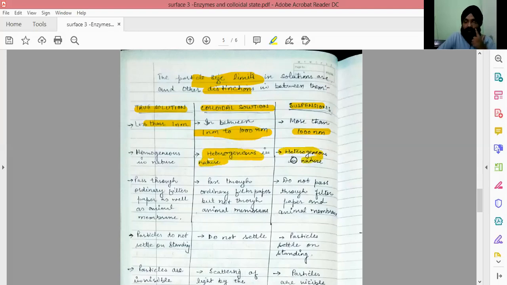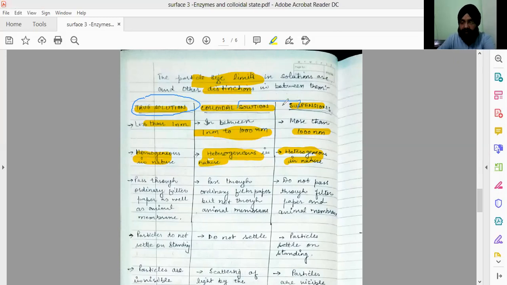Now, simple examples of these three: for true solution, you can take sugar in water or salt in water. Suspensions and colloids can be understood by a single example.